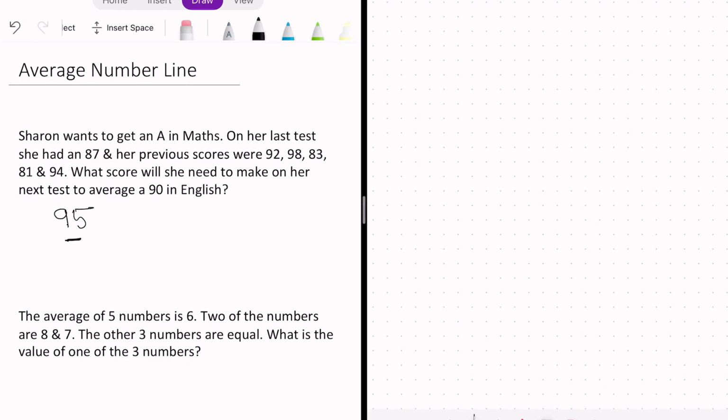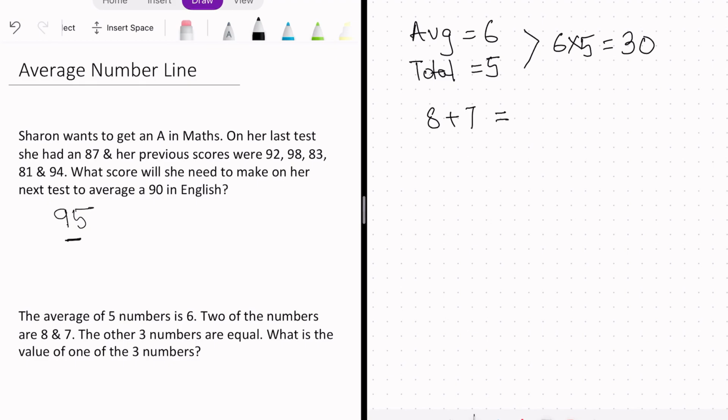So we have average. The clues are: the average of 5 numbers is 6. The total number of numbers that we have been given is 5. So when we multiply this, we get 6 into 5, which is 30. The first 2 numbers are 8 and 7, so the sum of the first 2 numbers is 8 plus 7, which is 15.